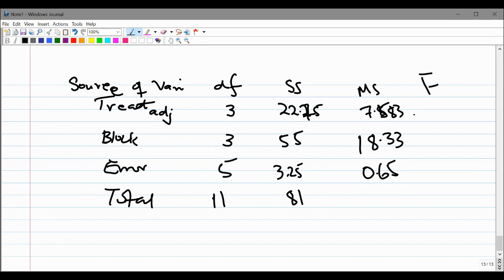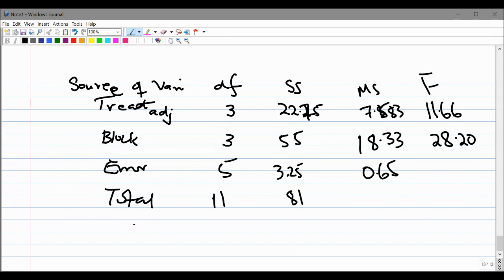Let's find the F now and we test. 11.66. And the tabulated one for the treatment, 28.20, is what? 28.2, 28.20.